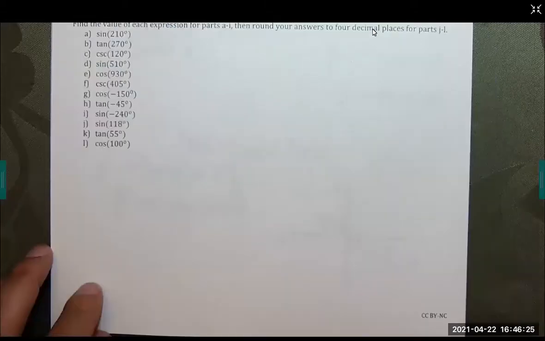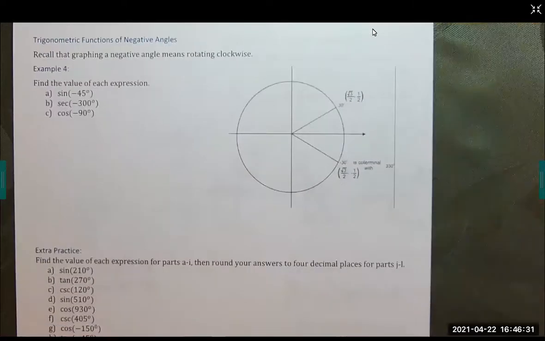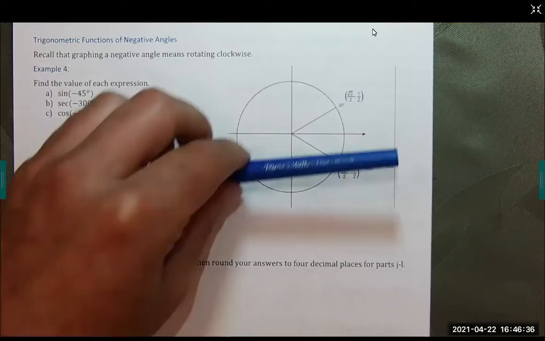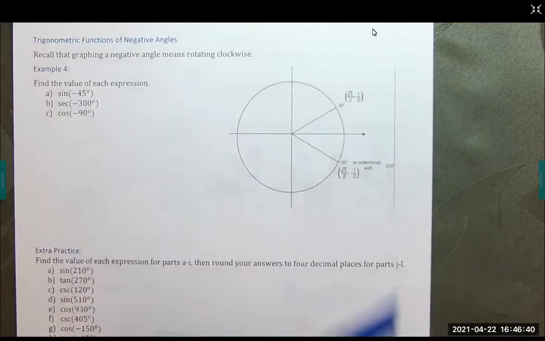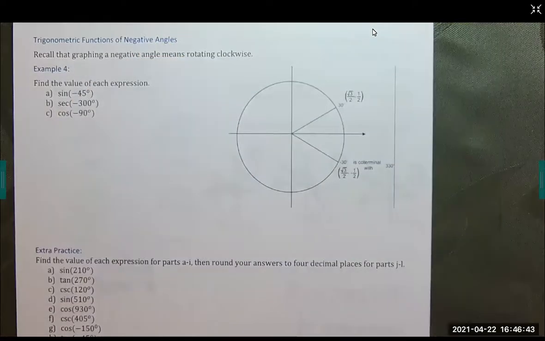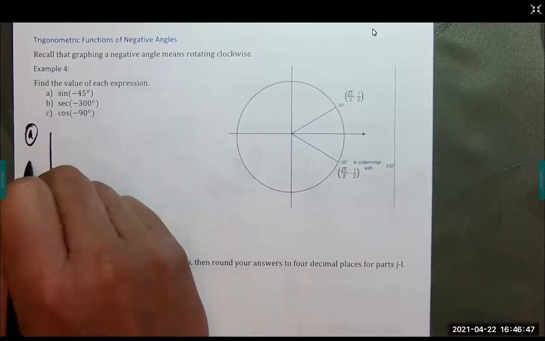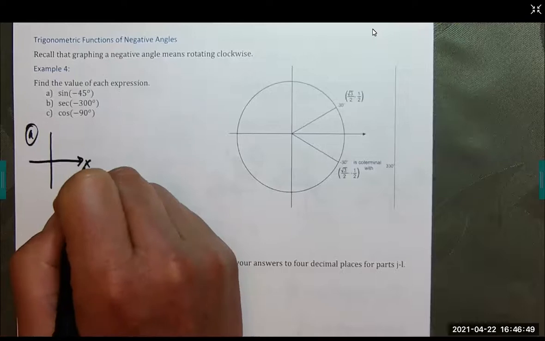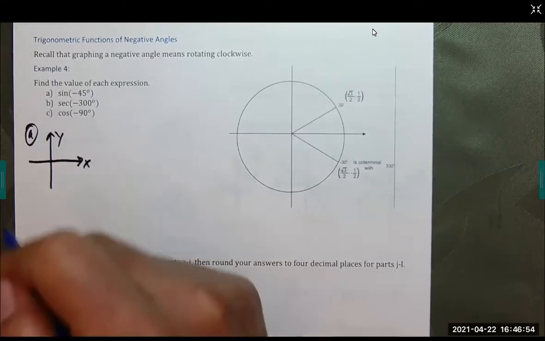All right, what if we have negative angles? That's okay too. Here are three of them, starting with negative 45 degrees. Now, if you remember, a negative angle goes down instead of counterclockwise. So for part A, what we're going to have is a negative 45 degrees.